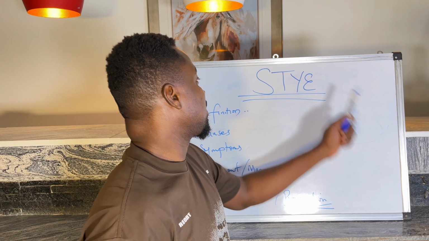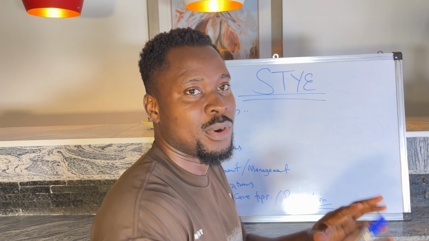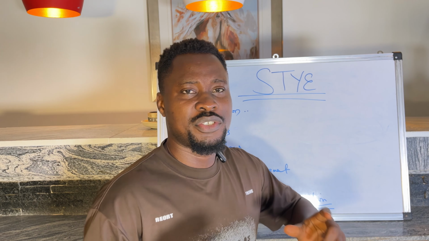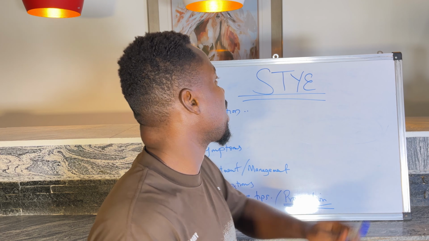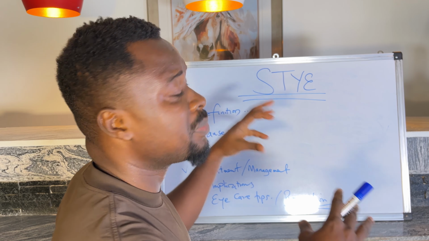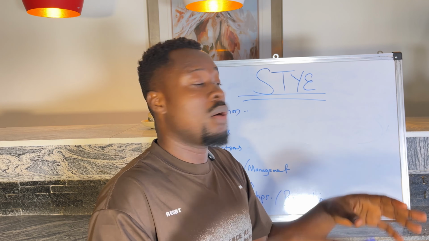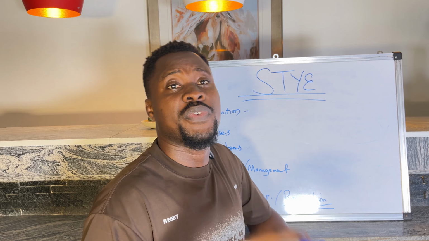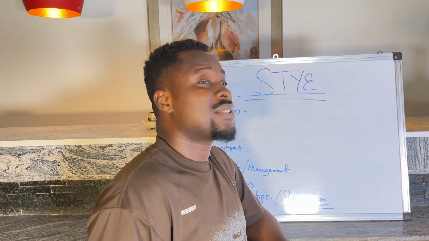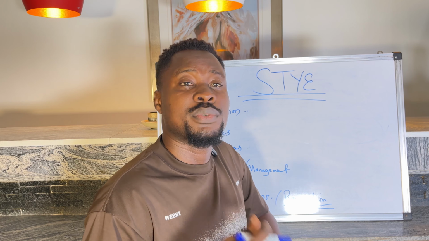So when we talk about stye, it is not actually the style of your clothes or fashion, but an infection on your eyelid. Medically, it is called hordeolum. So a stye is simply an infection of one of the glands of your eyelid. It is basically of two types, internal and external hordeolum.